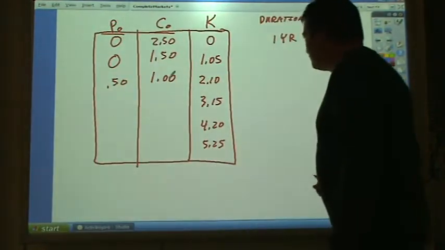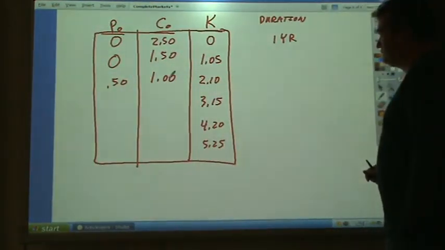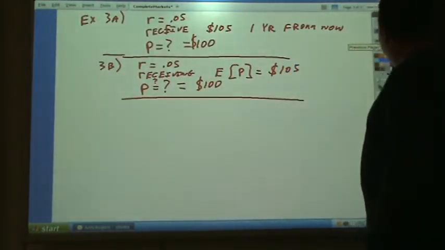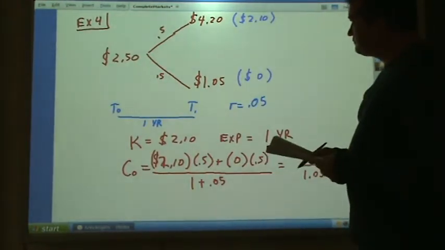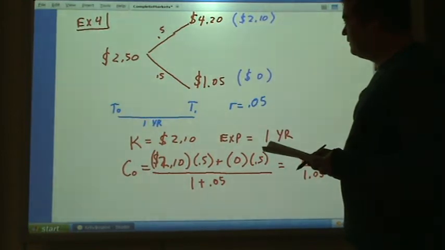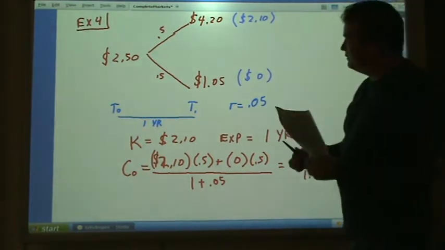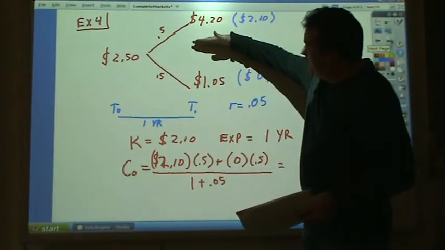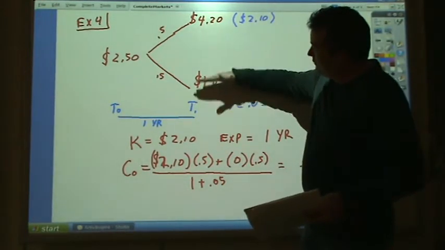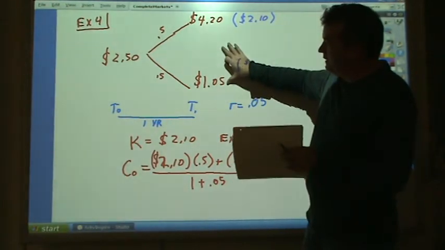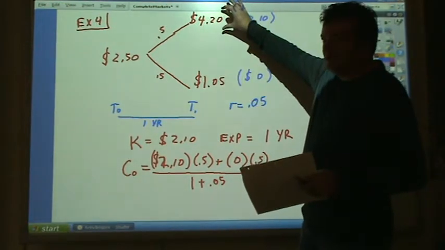Now with a strike price of $3.15, the call or the put? Let's do both. I'm gonna say $1 for the put and 75 cents for the call. So let's see, this is for $3.15. For the put, we get everything below $3.15, which would be $2.10 in a down market and nothing in an up market.